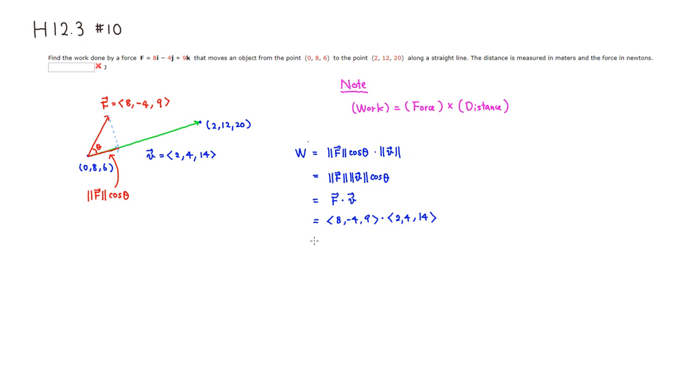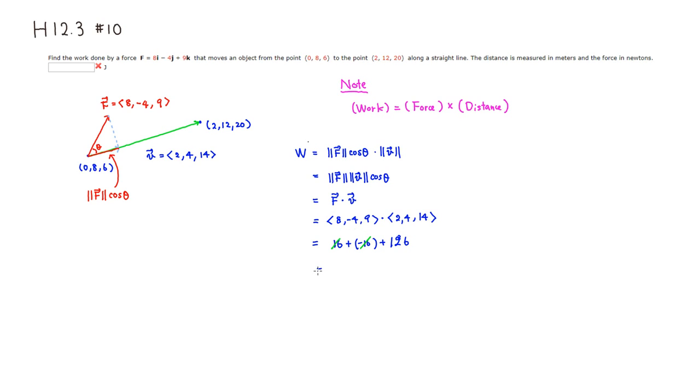So 8 times 2 is 16, plus negative 4 times 4 is negative 16, plus we have to multiply 9 and 14. 9 times 4 is 36 and 9 times 10 is 90, so 126. You can cancel the 16 and the negative 16.